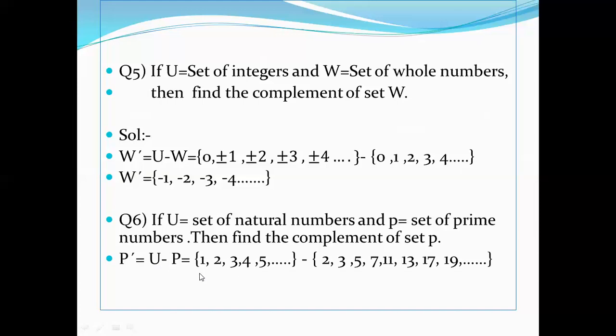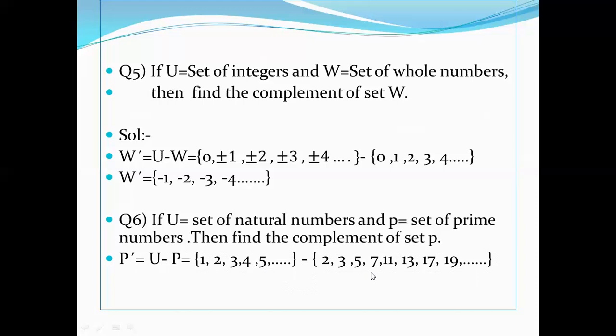The universal set is 1, 2, 3, 4, 5, the set of natural numbers. You know that it starts from 1. We already discussed it in the previous question. So 1, 2, 3, 4, 5 and so on; we don't know about n. And the set of prime numbers: prime numbers are those which are divisible only by 1 or by itself.